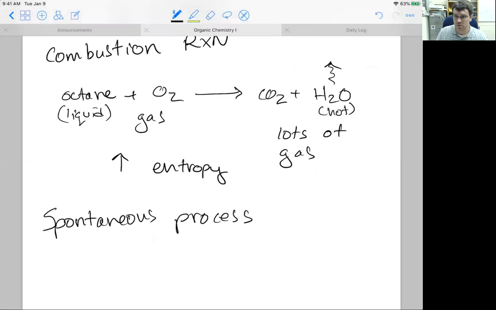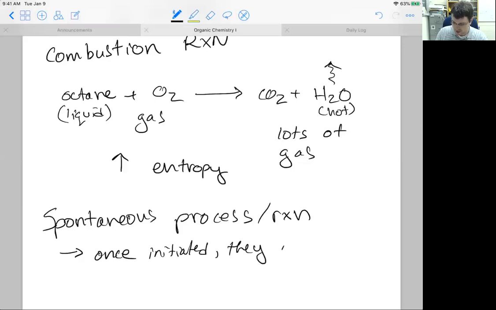So a spontaneous process, these are interesting processes that once initiated, process/reaction, once they are initiated, they will go to completion and consume all limiting starting materials.